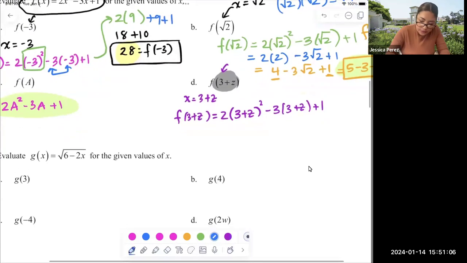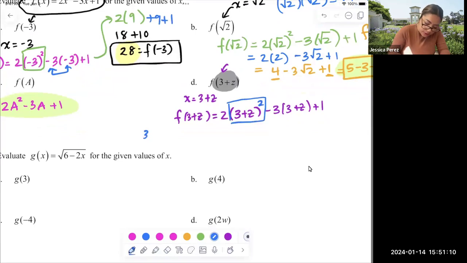Now I'm going to go slow because I need to take care of this first. So what's 3 plus z times 3 plus z? We know how to multiply binomials. 3 times 3 is 9. 3 times z is plus 3z. Plus another 3z. And then z times z is z squared.